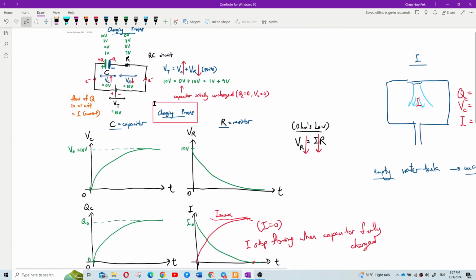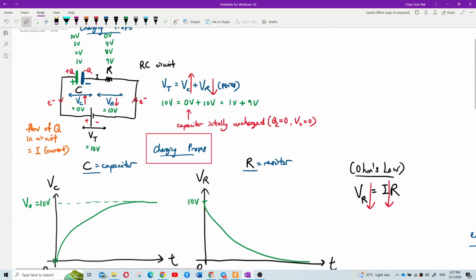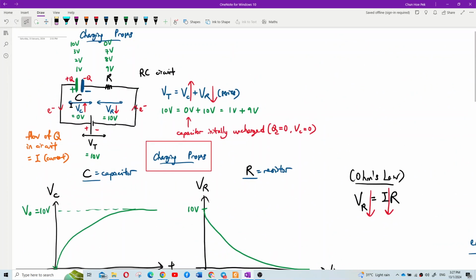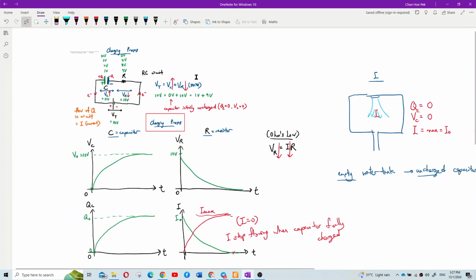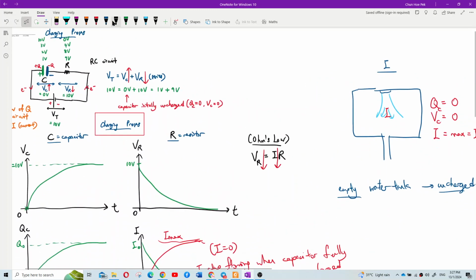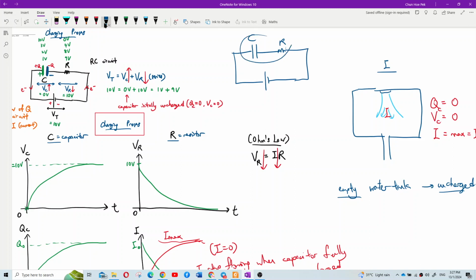Tadi class, this one. This resistor and capacitor in series or parallel? They are in series. I want you to take note about this one. This capacitor and resistor and the battery, these two they are in series.